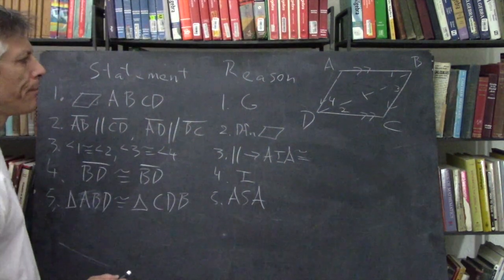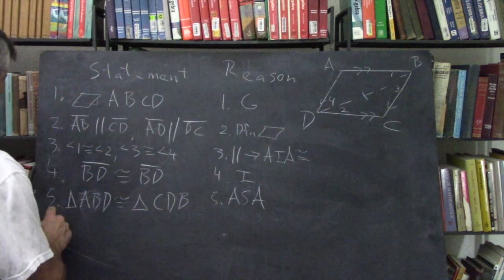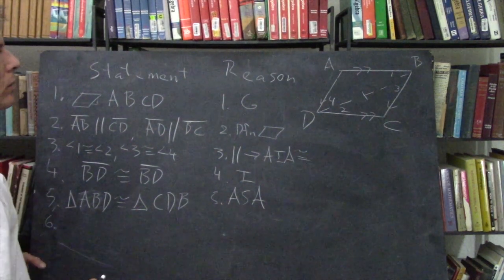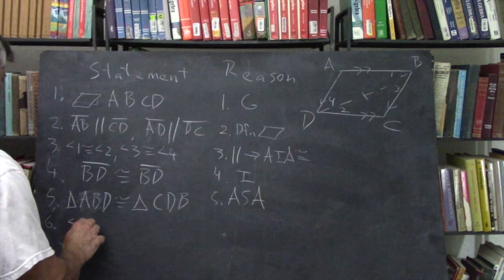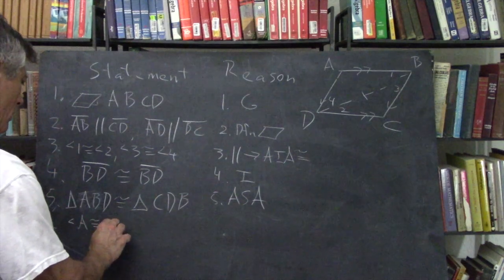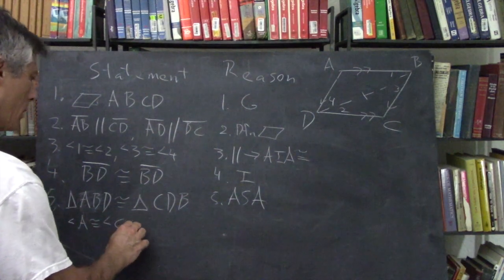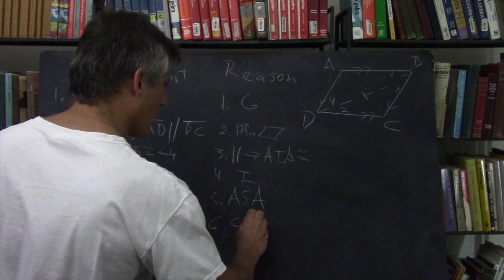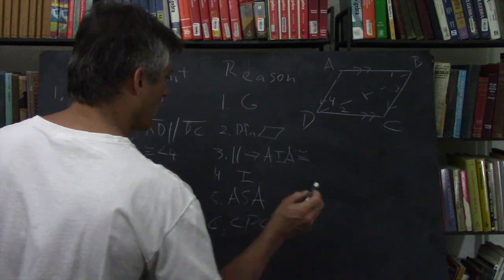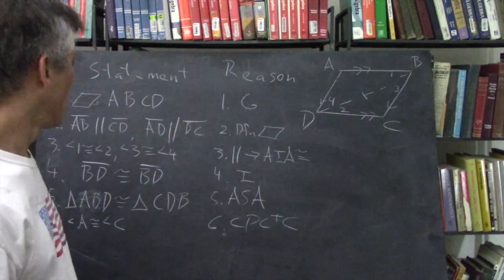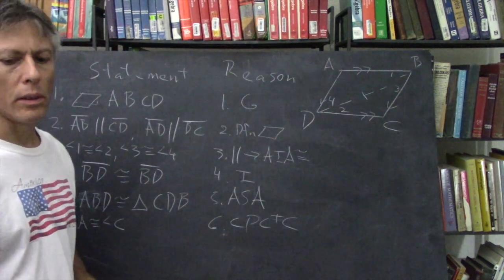Angle side angle theorem. And then we know that angle A is congruent to angle C. By CPCTC as usual. And so that shows that opposite angles are congruent.